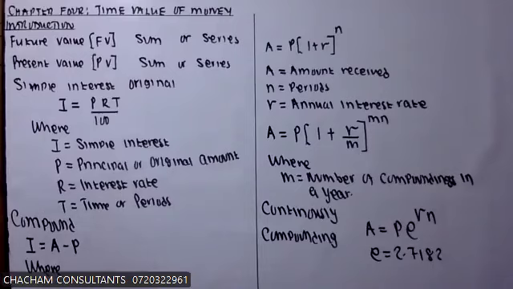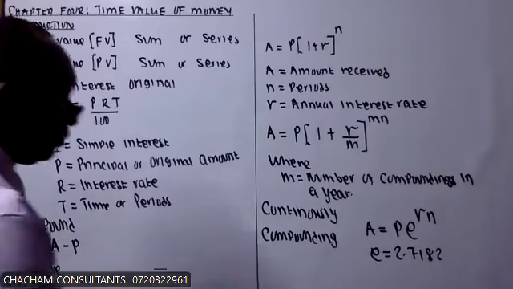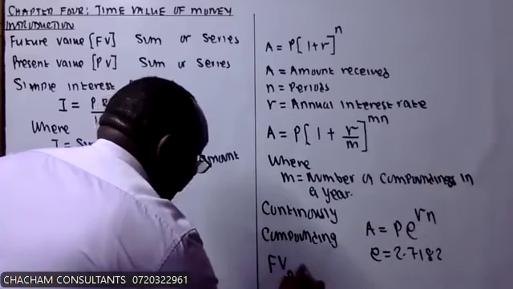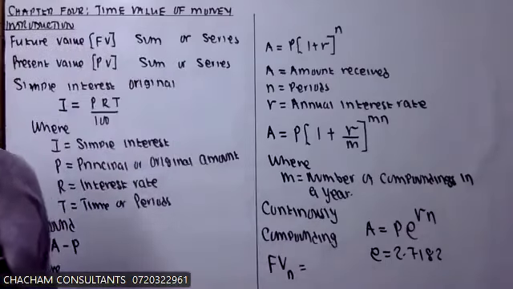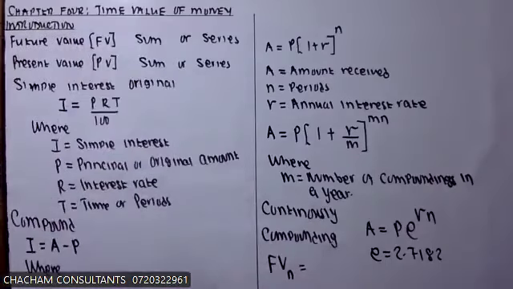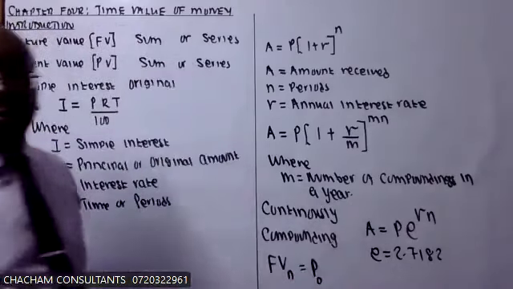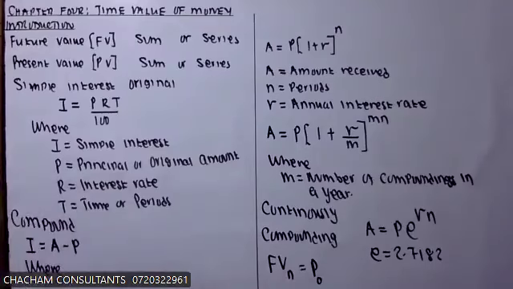I would like you to write this equation. FVN, that's the future value of the present amount, P naught. P naught means the current amount.